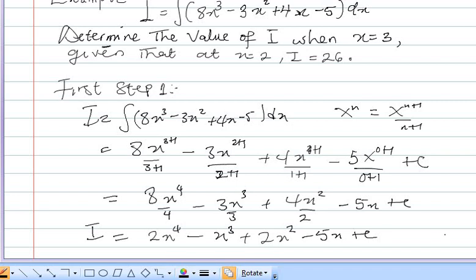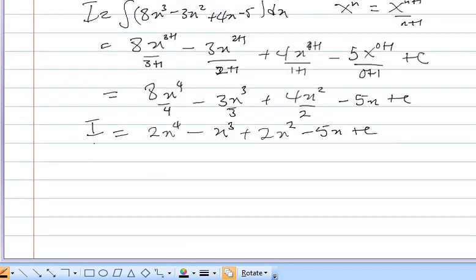So this is our step 1, and then step 2 is to express the resultant function in nested form. So our nested form is equal to 2x to the power of 4 minus x raised to the power of 3 plus 2x squared minus 5x plus c.